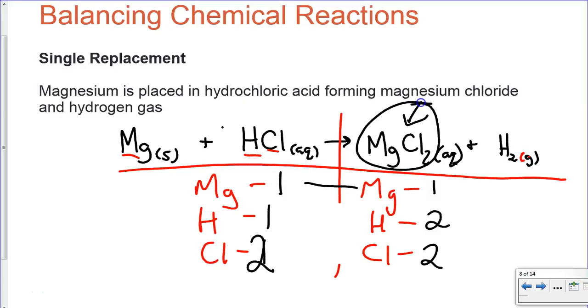To make 2 chlorines, I'll put a coefficient of 2. Now that works out great, except just like the water problem, that 2 is also applied to this hydrogen, so now I have to change the hydrogen to 2. In this case, that's actually a good thing. I don't have to go and do any more work. I am balanced. Everything looks great.